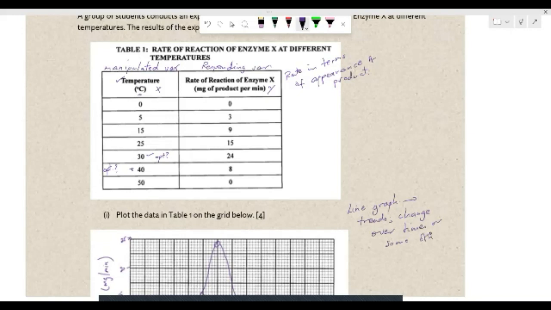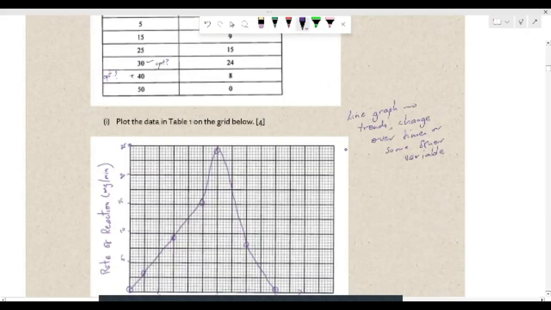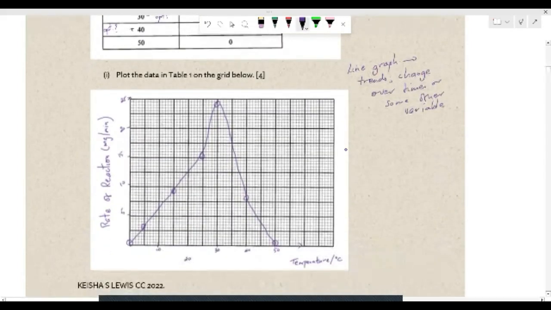We see here the other variable in this case is temperature. We see that the rate of reaction is changing with respect to temperature. As temperature changes, rate of reaction changes. So in a situation like that, you want to do a line graph. And therefore we have our line graph here.